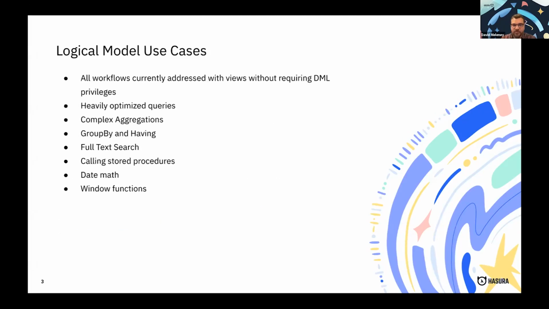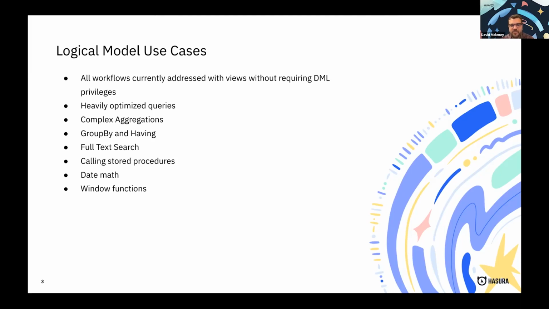Just to go over some use cases, I already mentioned views and even DML privileges, but also heavily optimized queries. Some of the distributed databases like CockroachDB and Yugabyte have special partitioning methods that you can leverage and optimized queries that you can come up with. Complex aggregations that aren't covered by our schema: group by and having.